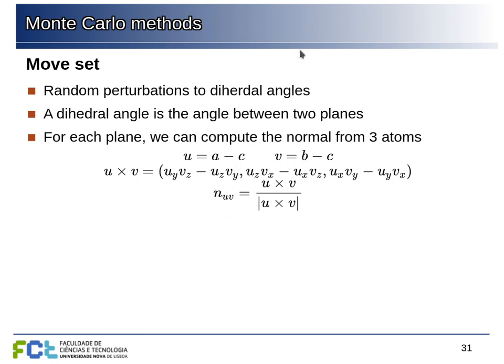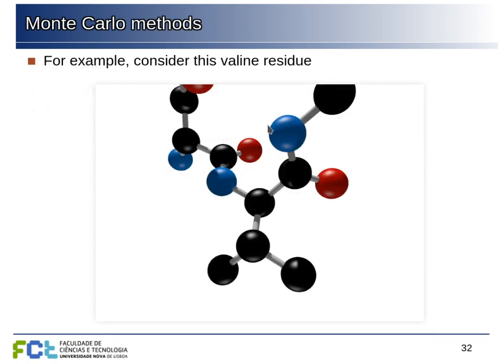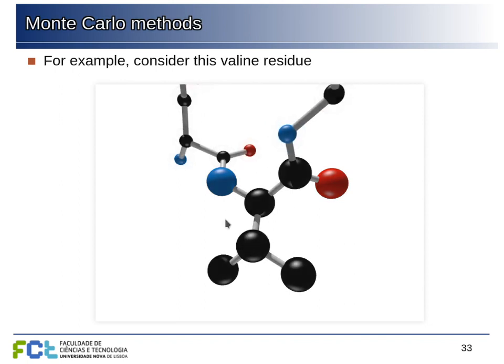This is easier to see graphically, so let's consider this stretch of a protein chain. We have a valine residue here. This is the nitrogen of the valine, the alpha carbon, the carbon of the carboxylic terminal here, and then this bonds to the next residue, and this here is bonded to the previous residue.